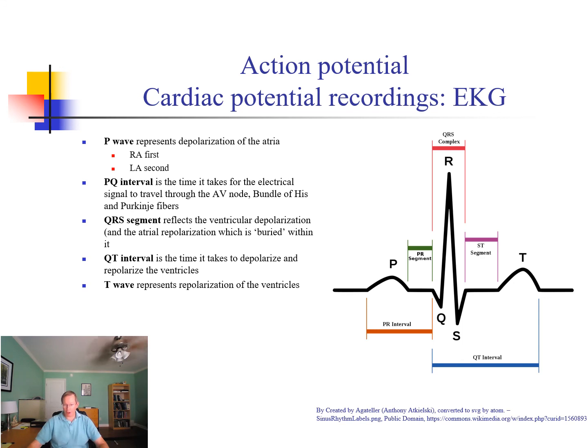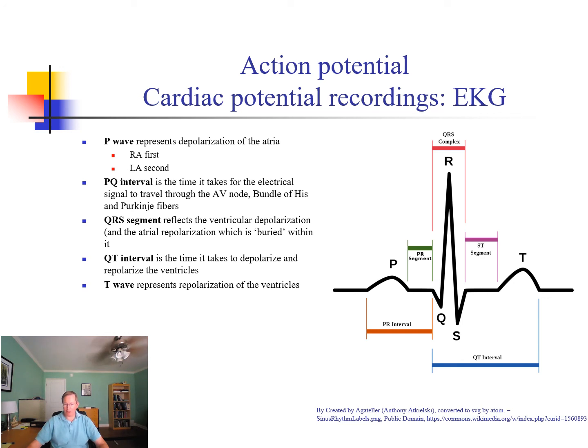And then I'll have a Q wave, which is a downward deflection, an R wave going up, and an S wave going down. That represents actually several things. It is the repolarization of the atria as well as the depolarization of the ventricles. The time that it takes to get to that QRS wave is called the PR segment.